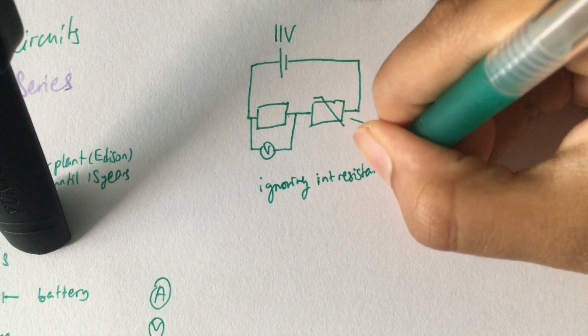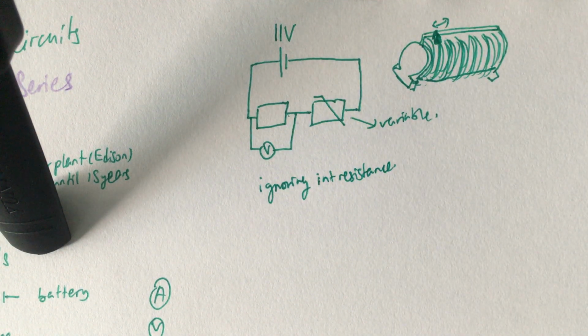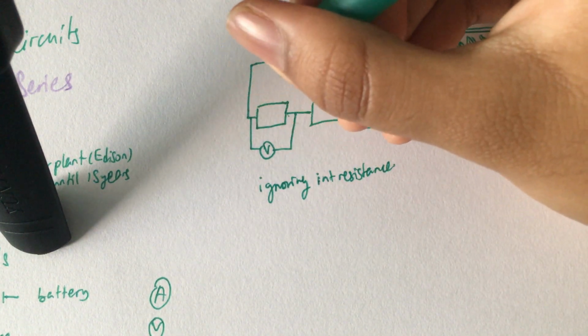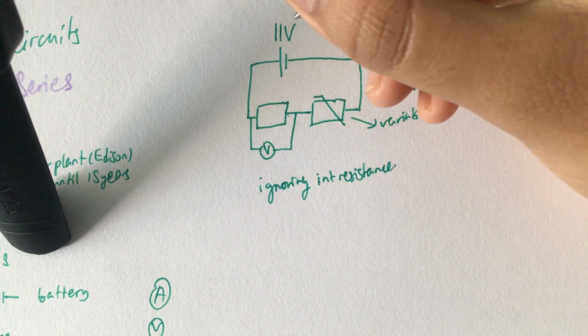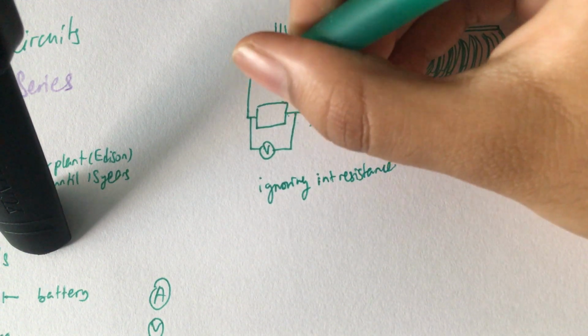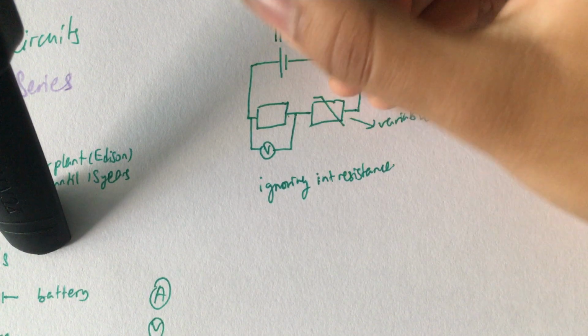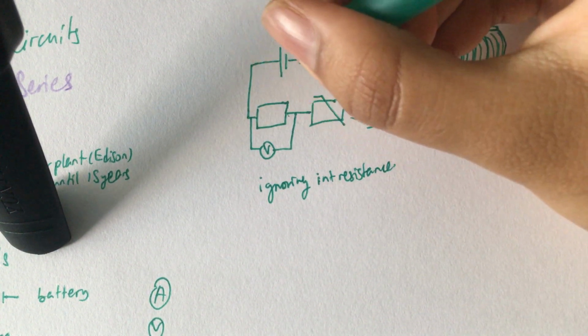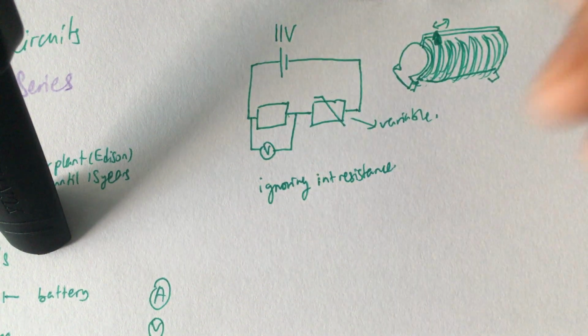So let's say the circuit has 11 volts overall terminal PD, so you won't have to worry about the EMF or the internal resistance and all that. Or if you just ignore internal resistance and say the EMF is 11 volts, that will be easier.